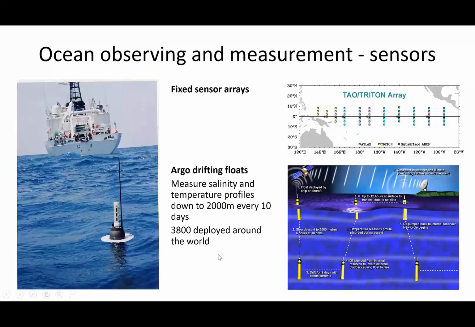And what the floats do is that periodically, every 10 days or so, they take on water, so they become negatively buoyant and they sink into the ocean, and they go down to about 2,000 meters and then drift along, and then they come up again back to the surface. And all the while they're doing that, they're sampling the temperature and salinity profiles in the ocean. So they just continually move around the ocean, measuring these profiles.